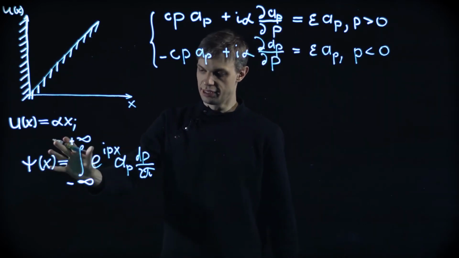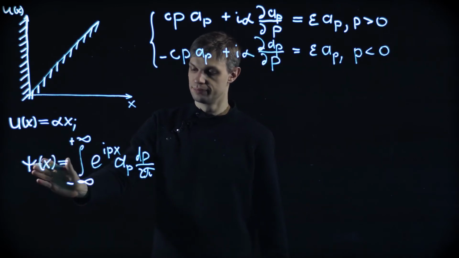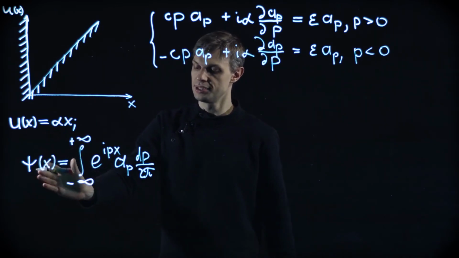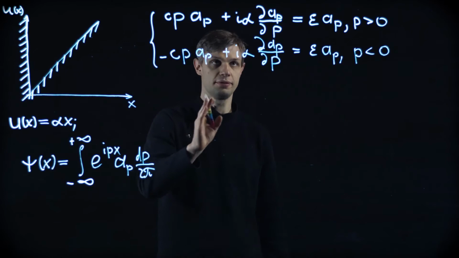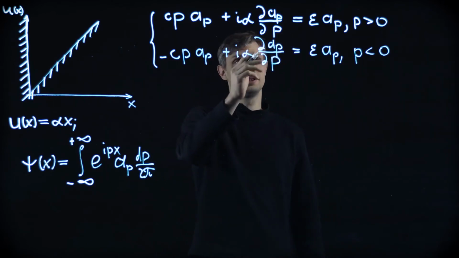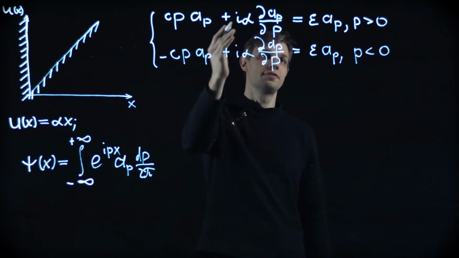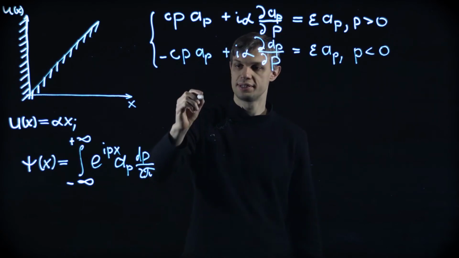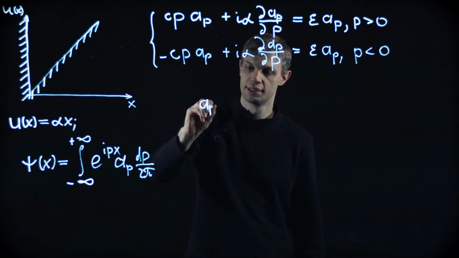So here are our equations for positive and negative momentum. Here is, again, the connection between the wave function in coordinate representation and in momentum representation. The solution of the first differential equation is easy, you can easily integrate it.